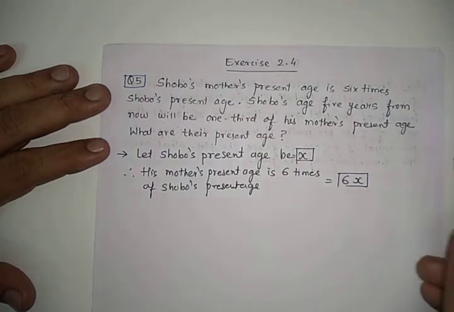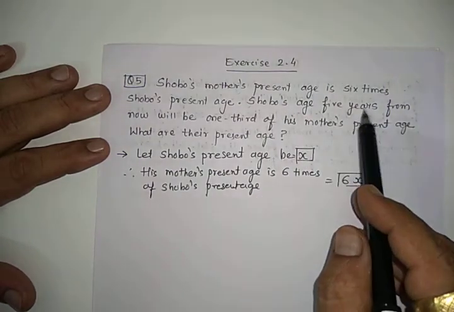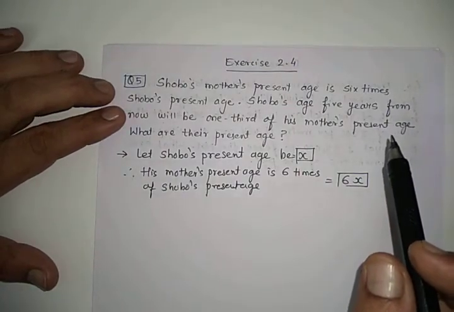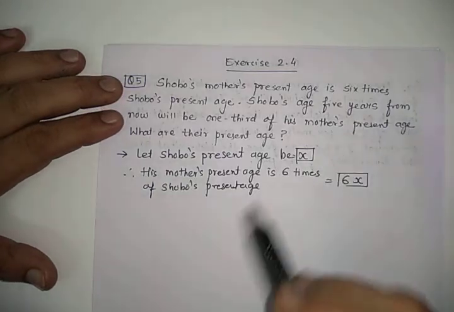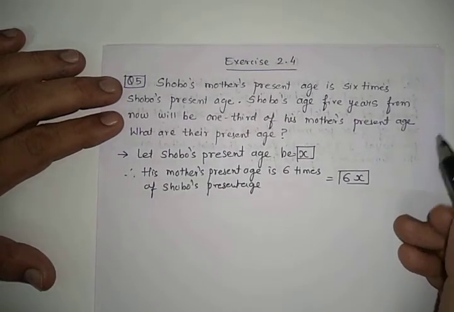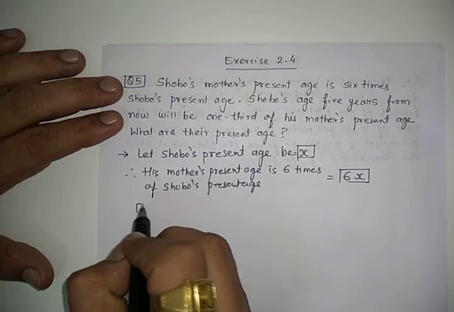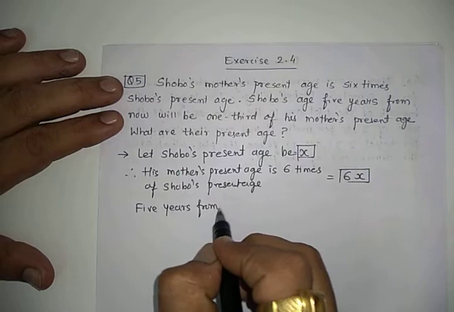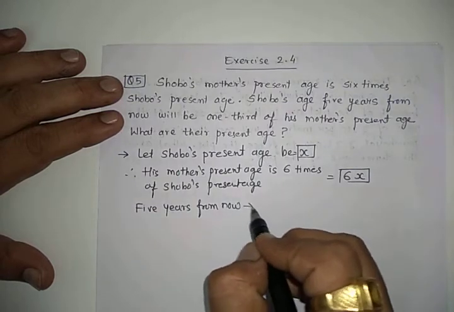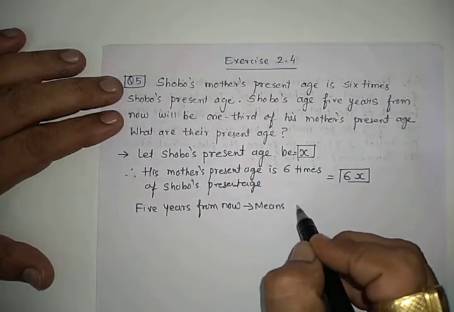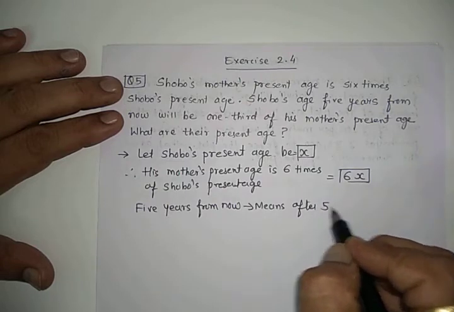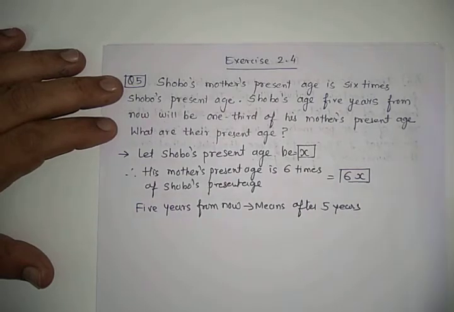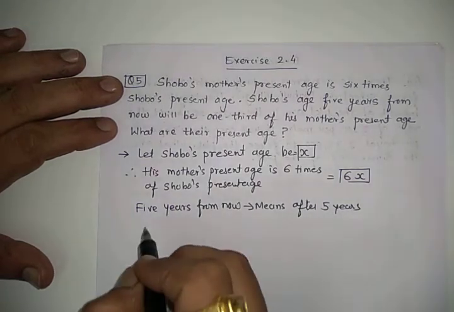Now, as per the condition, Subhu's age 5 years from now, that is, after 5 years. Subhu's age will be plus 5 and the mother's age also will be plus 5.